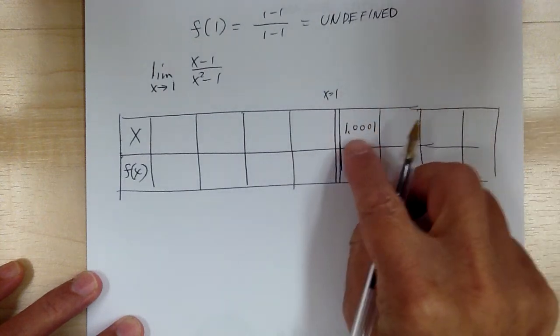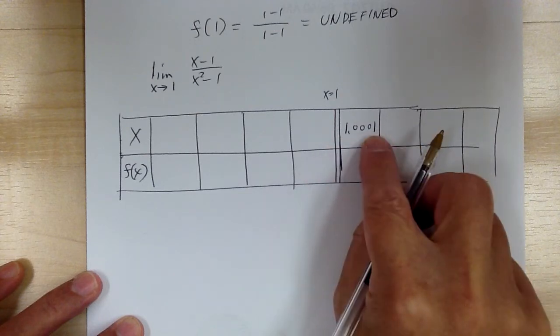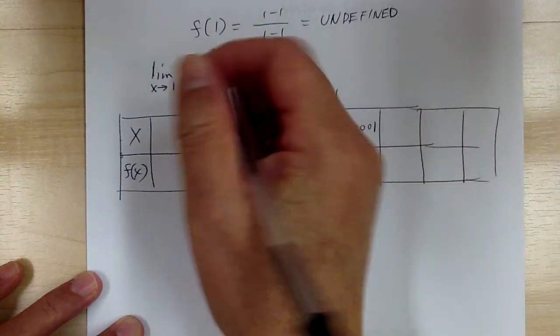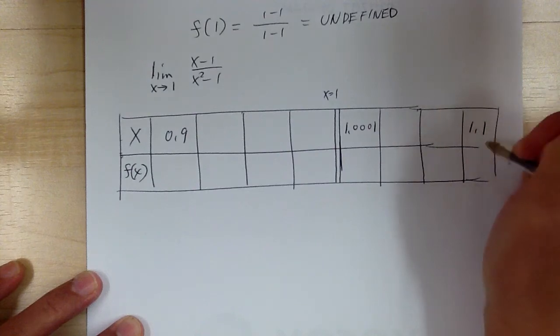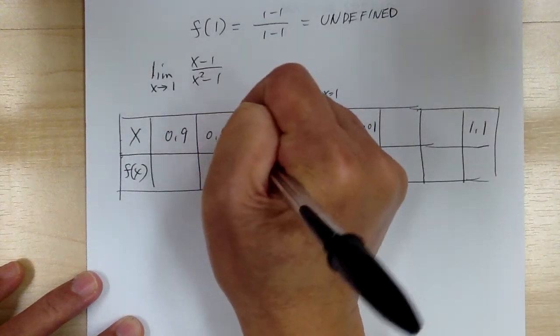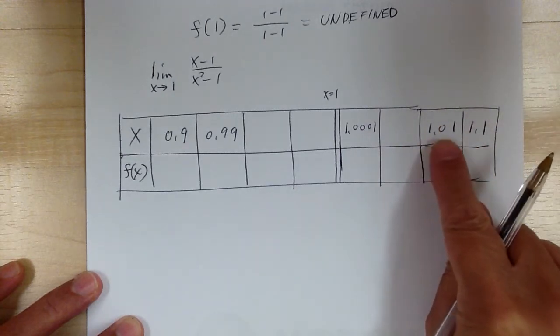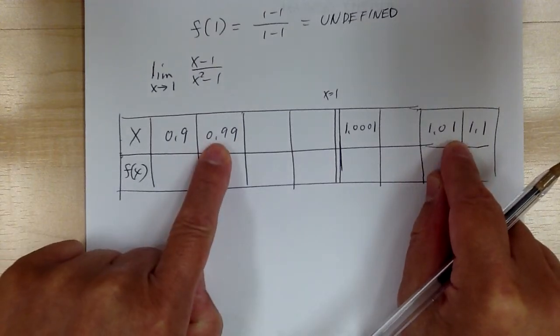So you want to get closer and closer, like 1.0001. What you start with is 0.9 and 1.1, and then 0.99 and 1.01. Now don't put 1.11; you just want 0.01 above and 0.01 below.